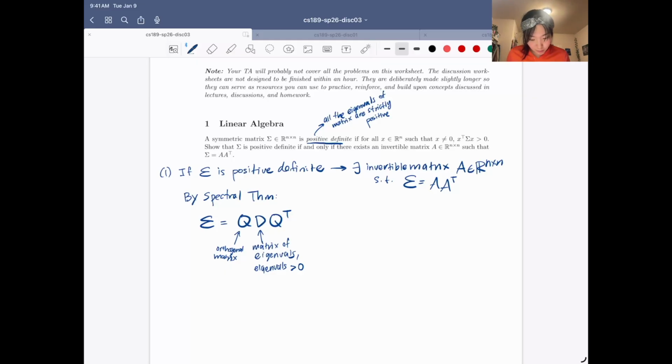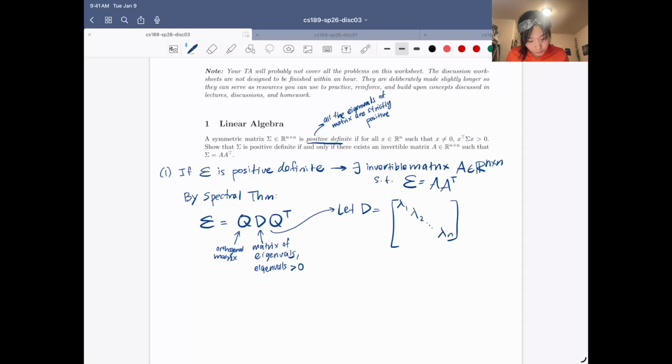Okay, so what I'm going to do here is we want to somehow turn this into this. We can also write D out. Let D be equal to this matrix of eigenvalues, lambda 1, lambda 2, dot, dot, dot, all the way to lambda n.